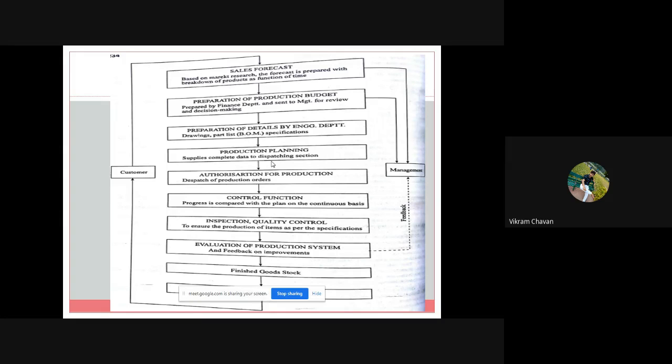Once the detailed drawing with bill of material is prepared by the engineering department, then the production planning phase will start.